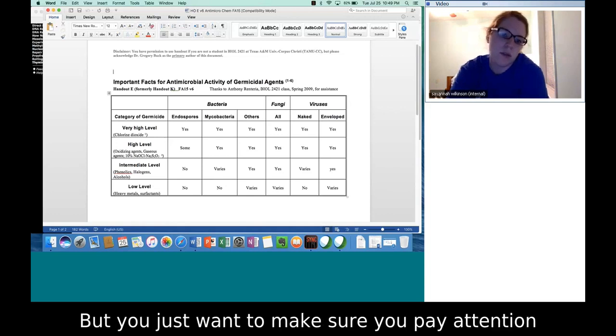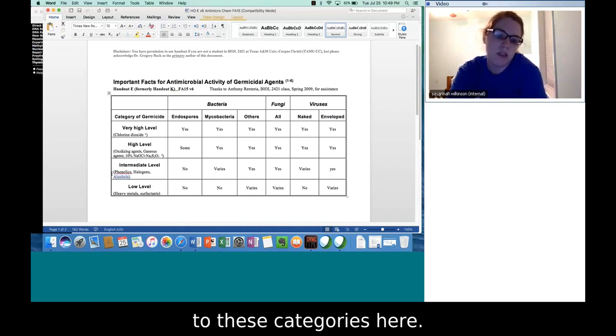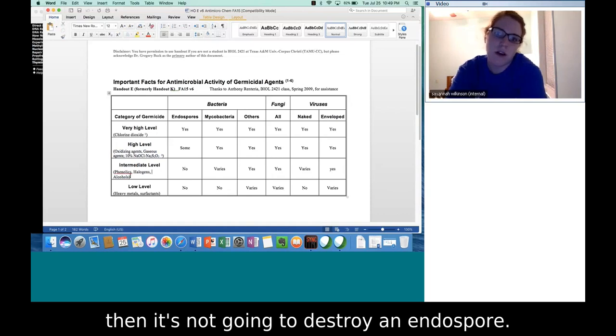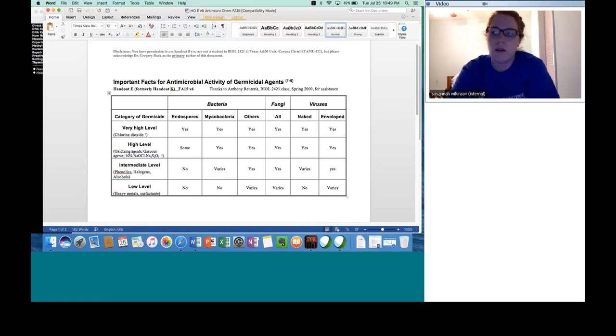But you just want to pay attention to these categories here, and that'll help you organize, like, okay, if I use a phenolic, then it's not going to destroy an endospore. Okay.